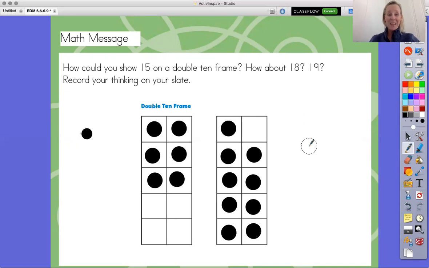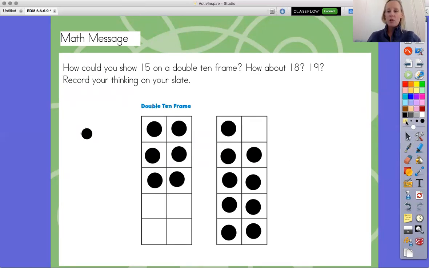So that is a way I can show 15, but it's not as easy for my brain to understand how much I really have altogether, because my eyes see 6 and 9. I'm getting better, but 6 and 9 is still not always an immediate fact.